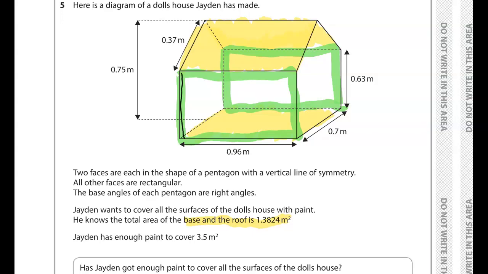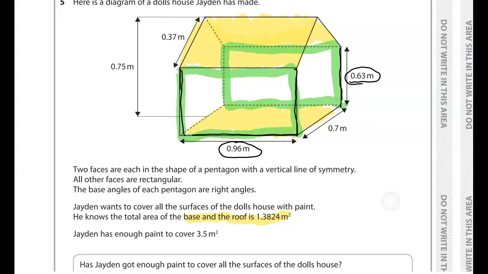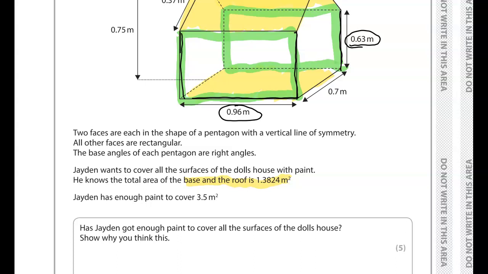So we've got the dimensions of this side, and they are 0.96 and, this is the same as this, so it's going to be 0.63. So we're going to multiply them to work out the area. So 0.96 times 0.63 is 0.6048 square meters.